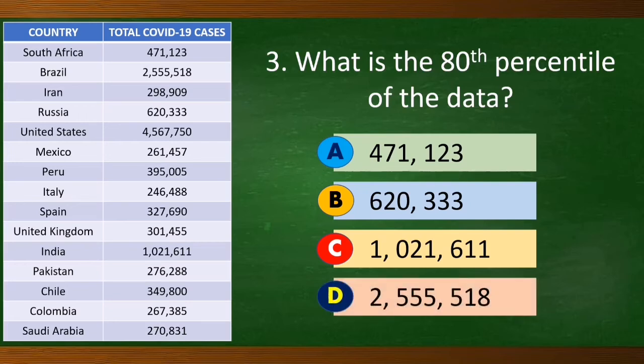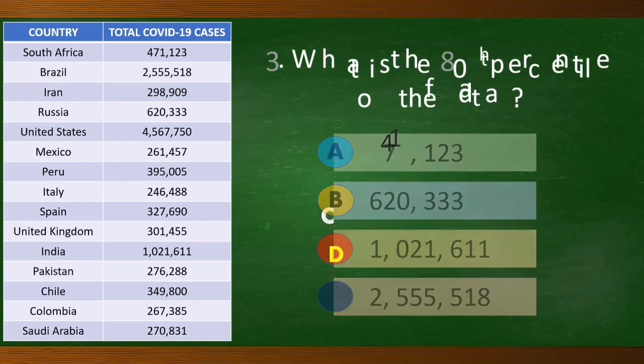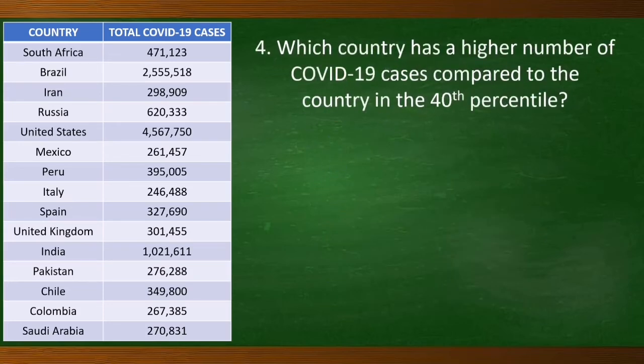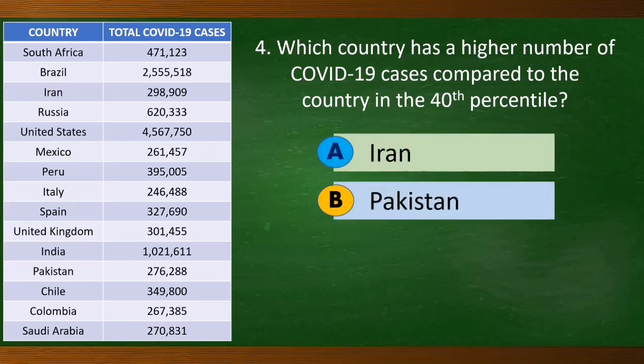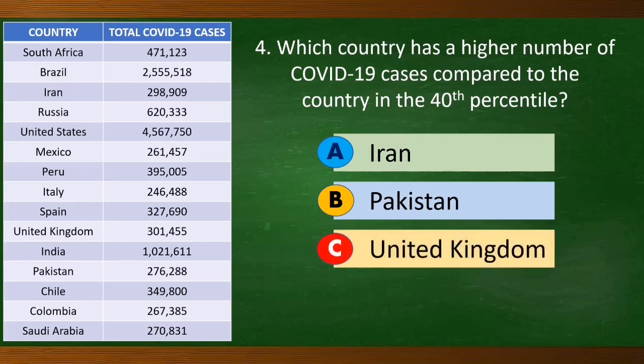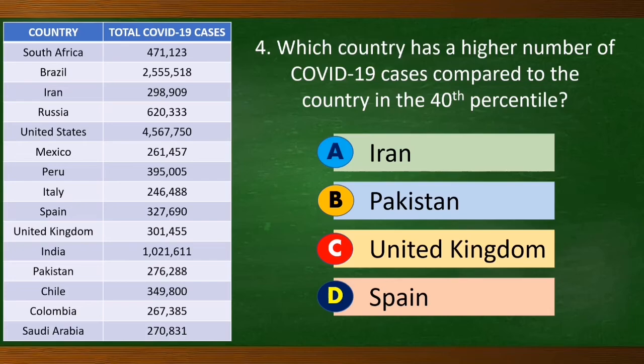Or letter D. 2,555,518. Item number 4. Which country has a higher number of COVID-19 cases compared to the country in the 40th percentile? A. Iran. B. Pakistan. C. United Kingdom. Or letter D. Spain.